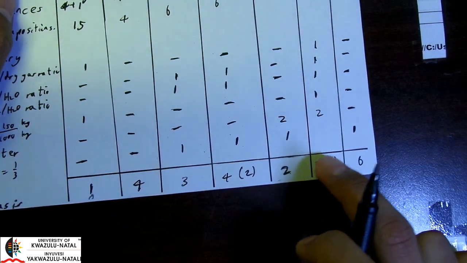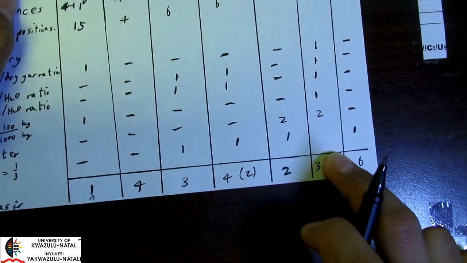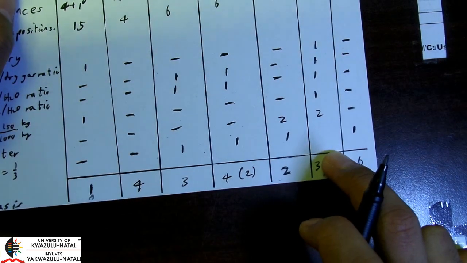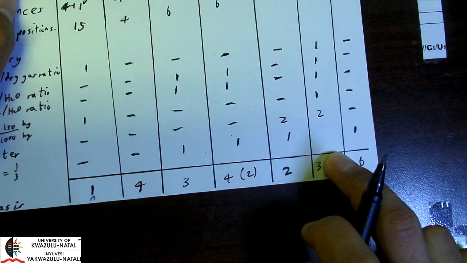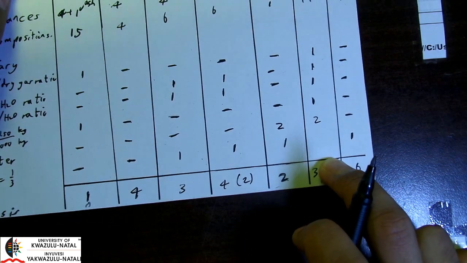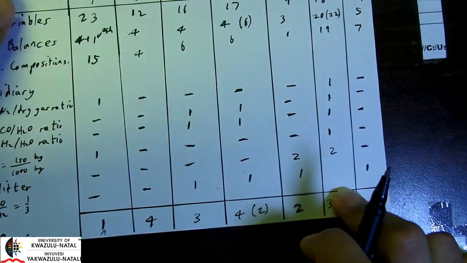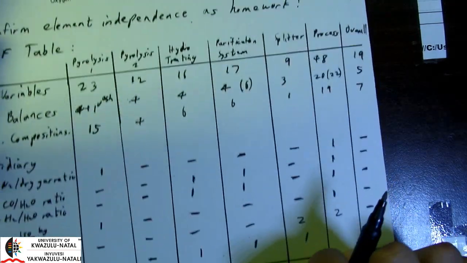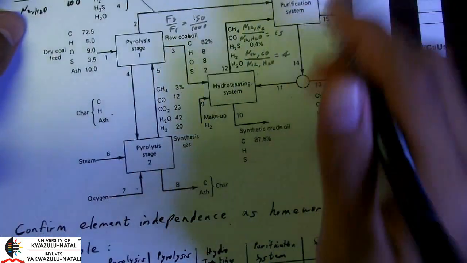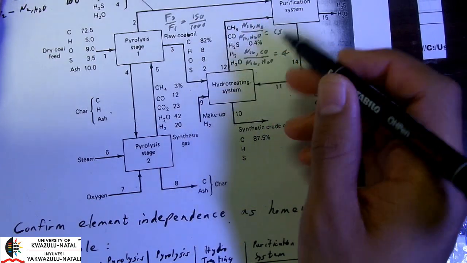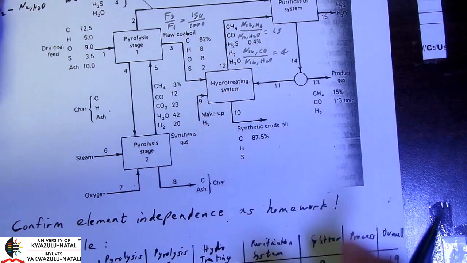Now currently, the way we see it, we can't really solve this process because we have a process degree of freedom of 3, which is very high. However, we can actually squeeze out more balances if we choose to use species balances in addition to our element balances.